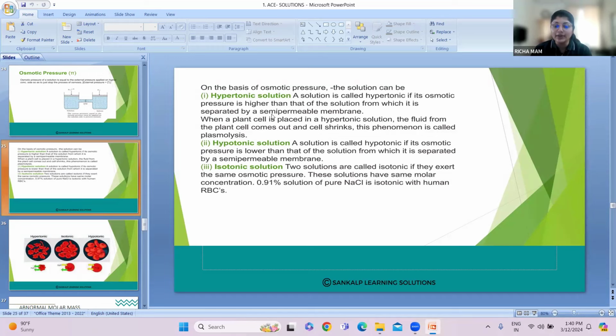In hypertonic, if you keep blood cells in the saline solution, the normal saline solution concentration is 0.91%.